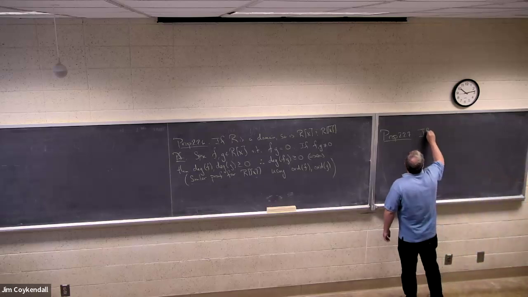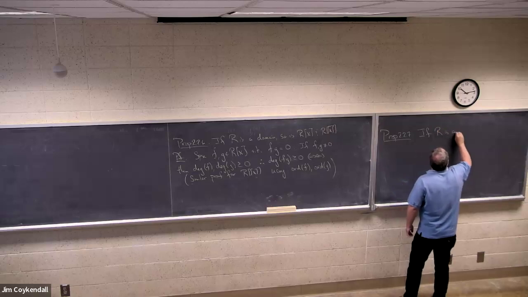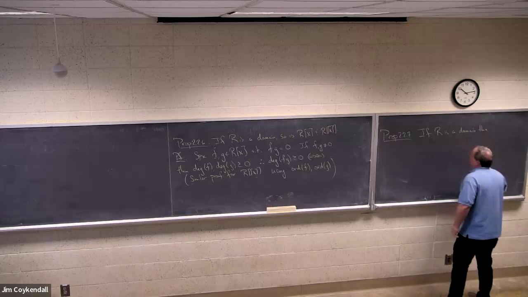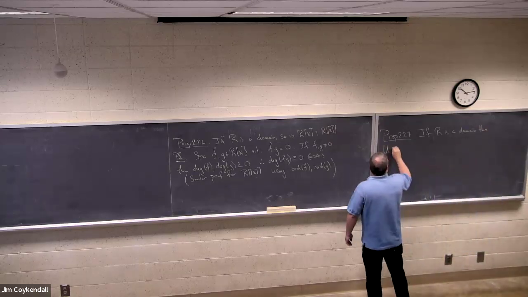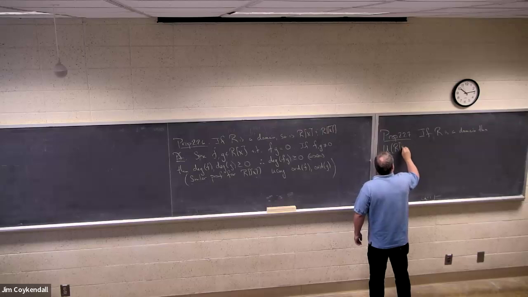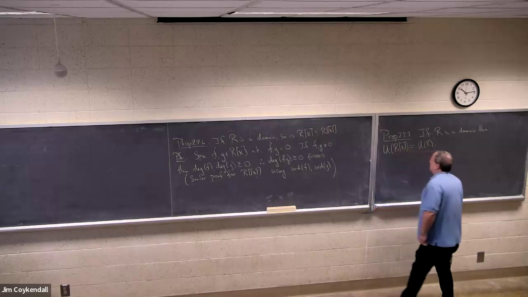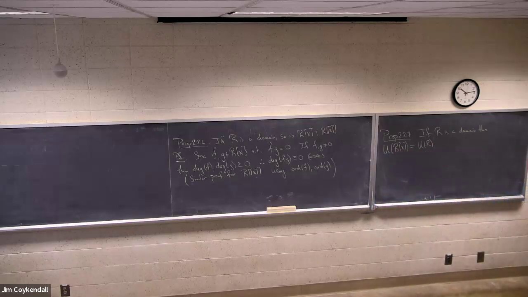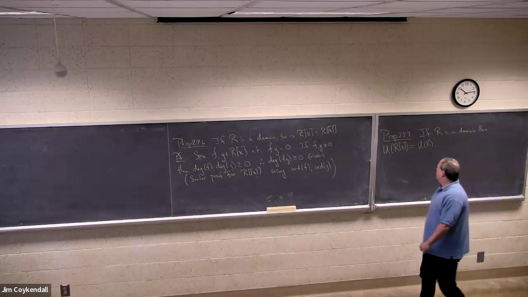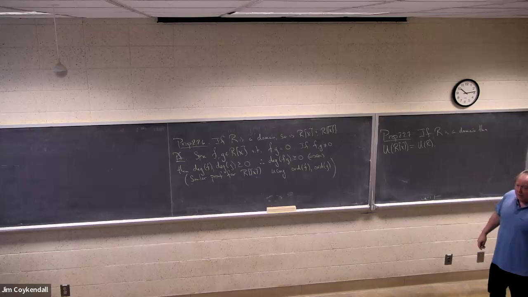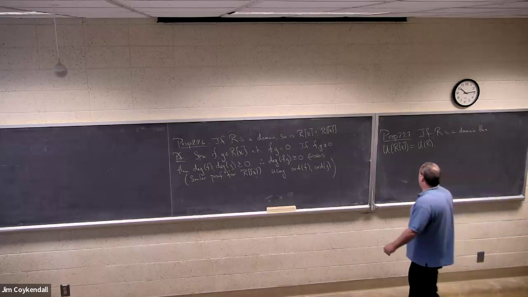If R is a domain, then the units of the polynomial ring coincide with the units of R. So to be a unit polynomial, you have to be a constant unit. Notice this one sort of glaringly omits power series because the same result is not true there.